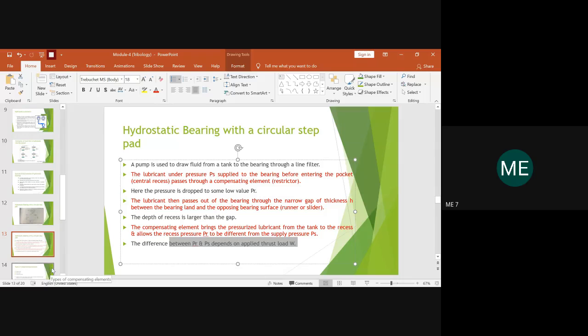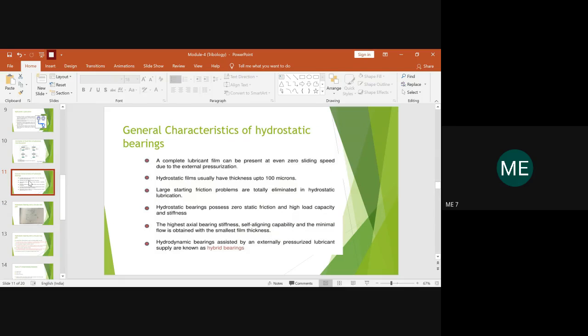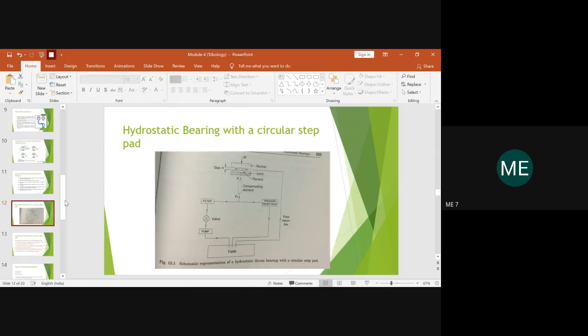These are the key features you have to understand. Suppose they ask you to explain a hydrostatic step bearing with a schematic diagram. You should be able to tell what you mean by hydrostatic bearing and what its key characteristics are. Then you will draw the diagram and explain its important features. I explained the working principle orally, right?